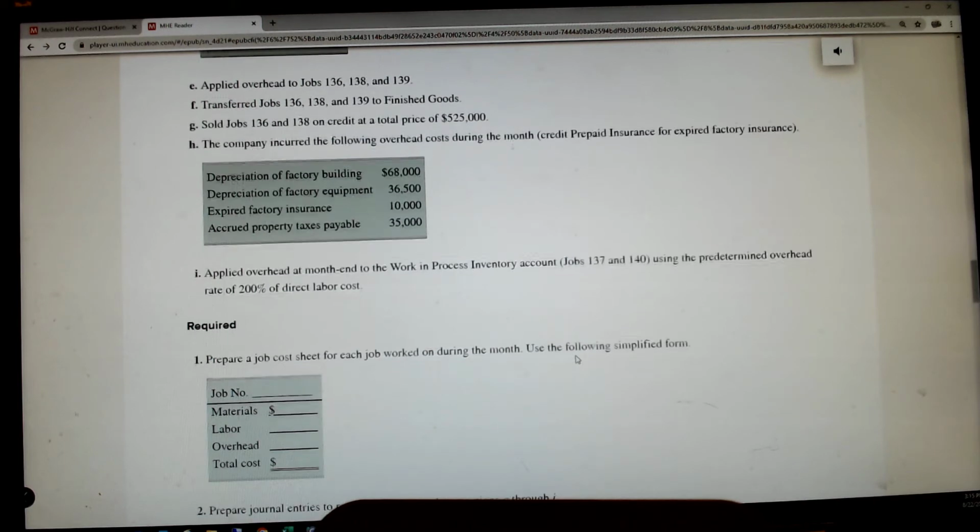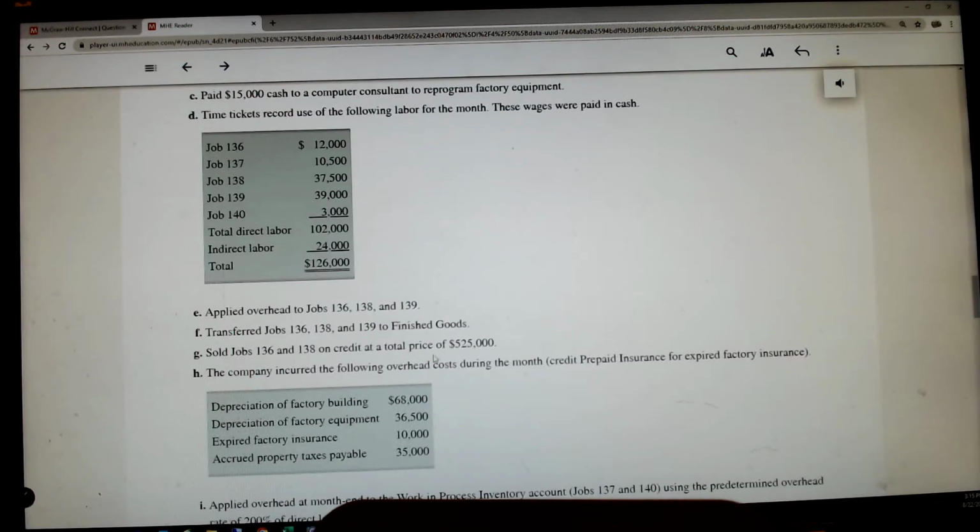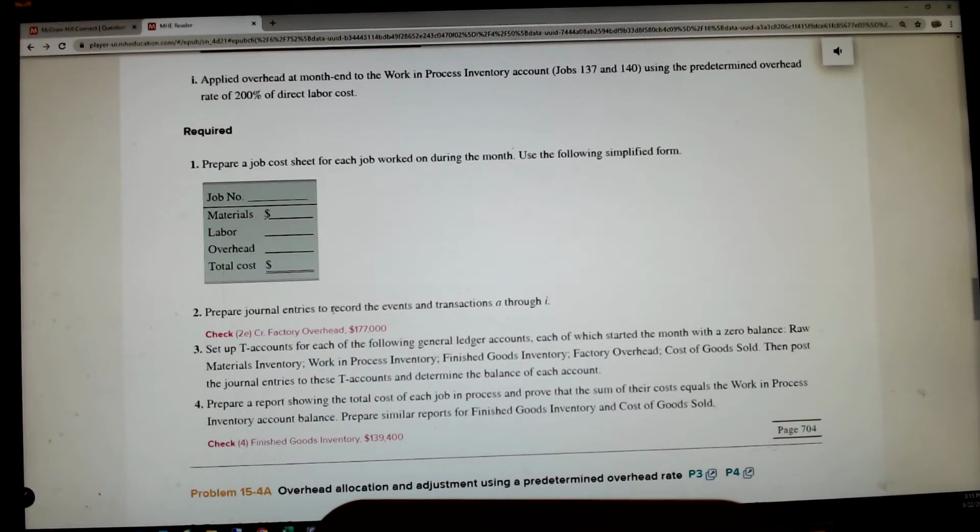Required: one, prepare a job cost sheet for each job worked during the month. Then they want the journal entries to record all these transactions, A through H. Set up T accounts, and then a report showing some things. So that's what we'll do here.